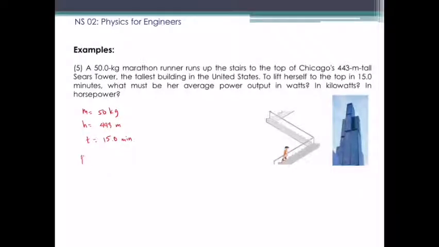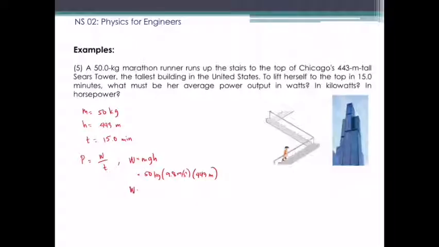So, power is work over time, right? And then this work is due to the elevation, due to gravity. So, for the work, we can get the formula for that. Mass times gravitational acceleration, then times the height. That is 50 kilograms times gravity, 9.8 meters per second squared, then times the height of 443 meters.